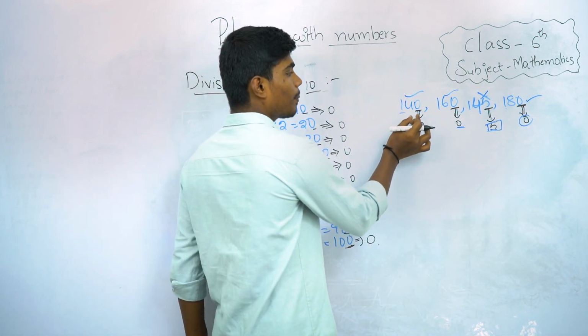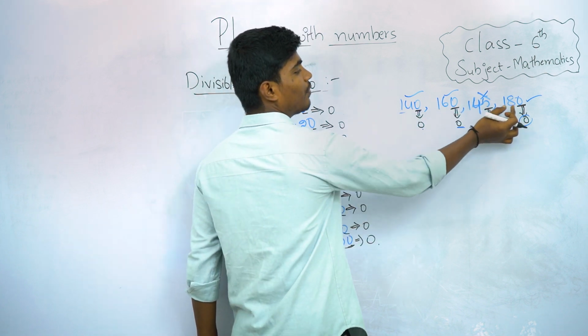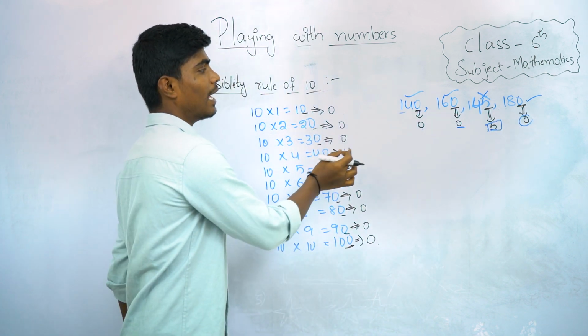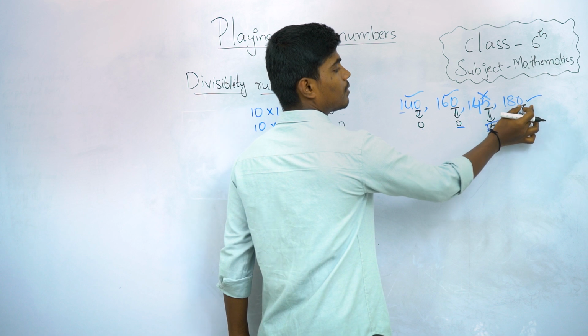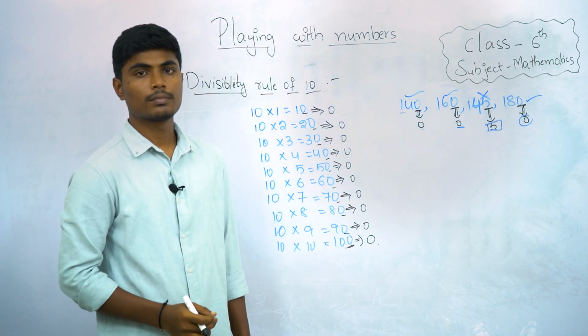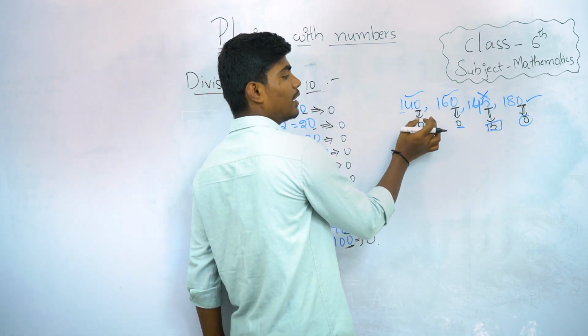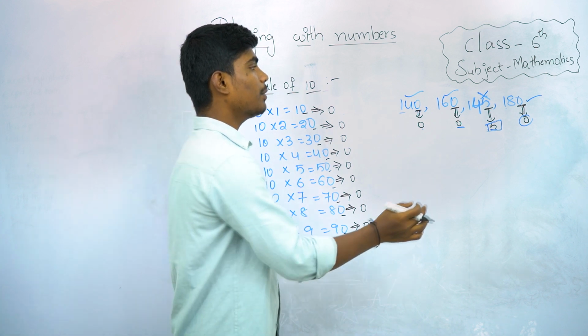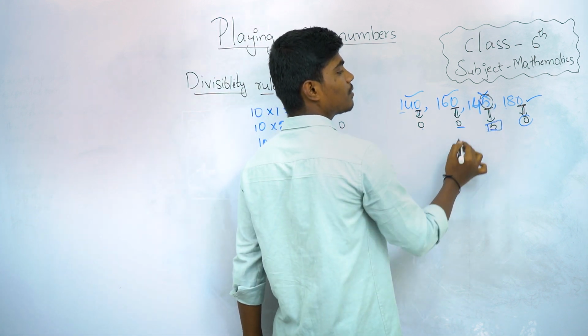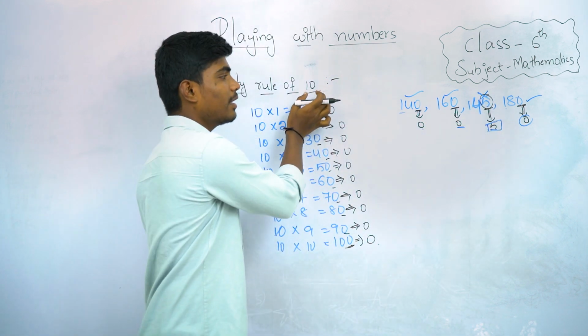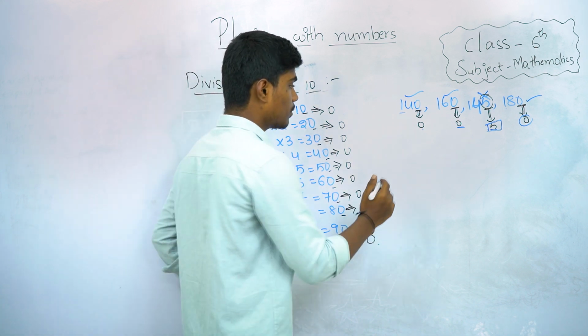If you observe, as I told you, every multiple of 10 has 0 in its ones place. While in 145, the ones place is 5, so this number is not divisible by 10. So, what can we conclude?